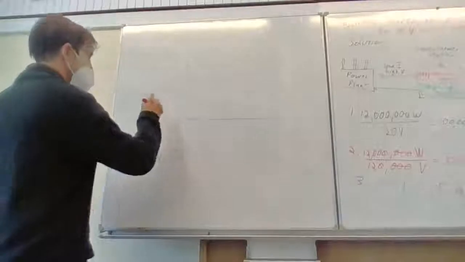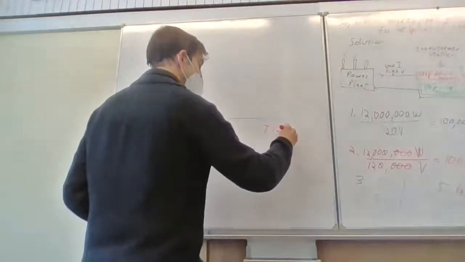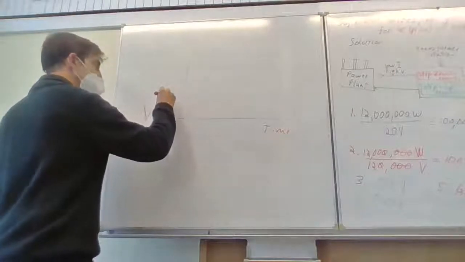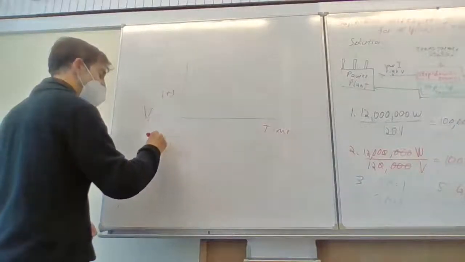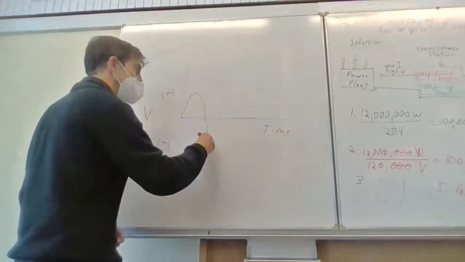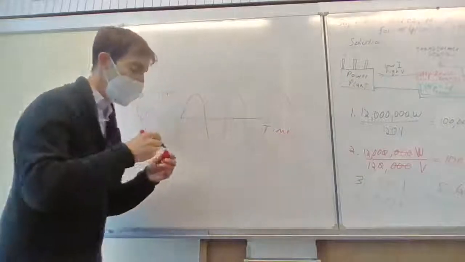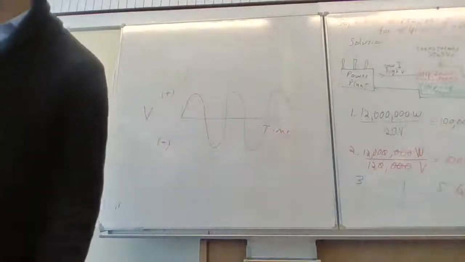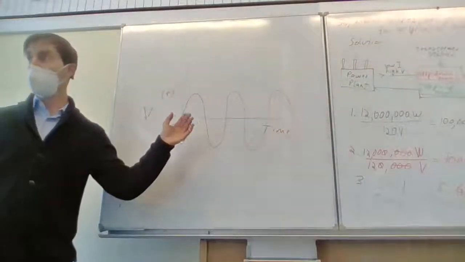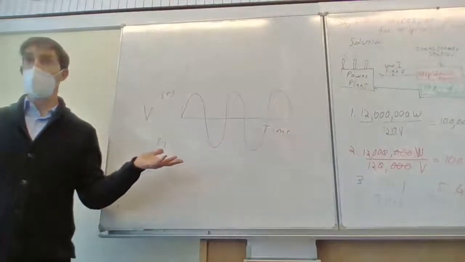So I got voltage, I got time. This is positive voltage, that's negative. So here's what's produced, ready? Okay, and that, folks, is current. Alternating current. Makes sense, right?